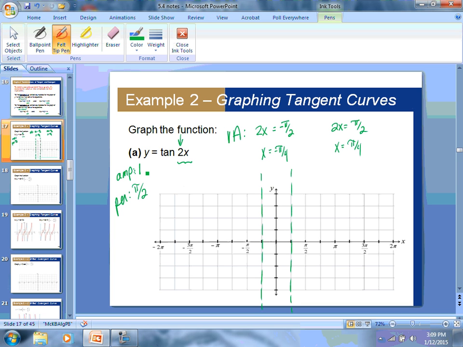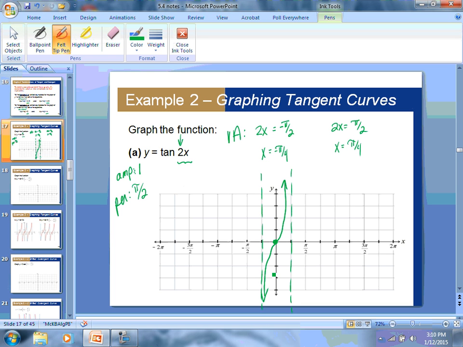So I'm going to draw a tangent curve in, and I have to make sure that I'm going through the x-axis in the middle of this period. Halfway between negative pi over 4 and pi over 4, that's 0. So I have to make sure that my curve, when I draw it in, goes through 0. So there you go. Now there's one period.